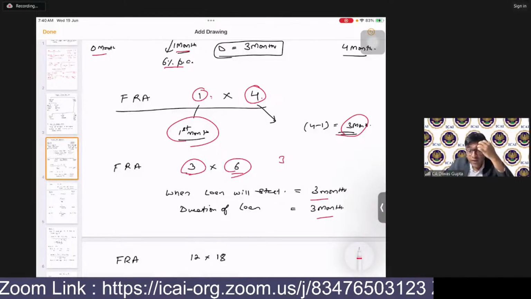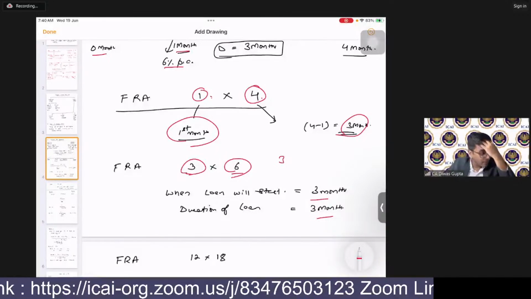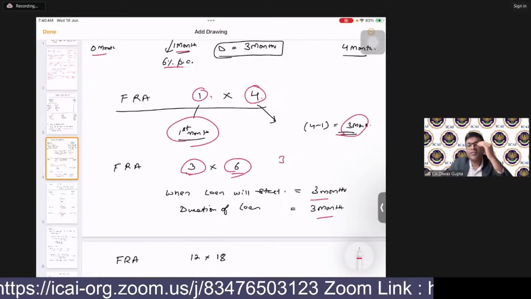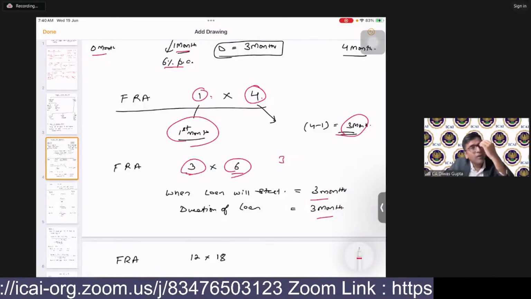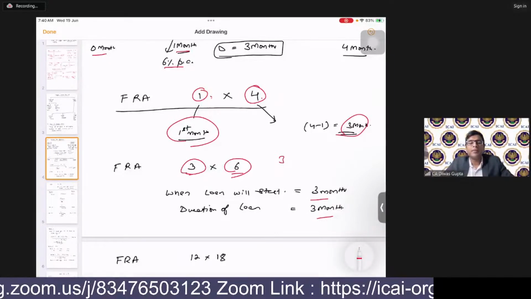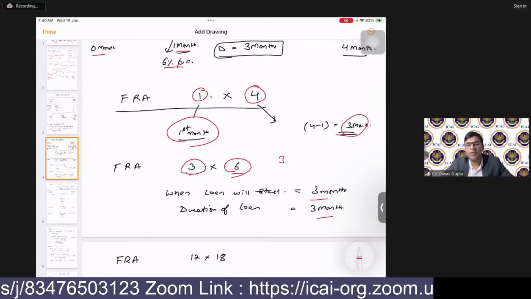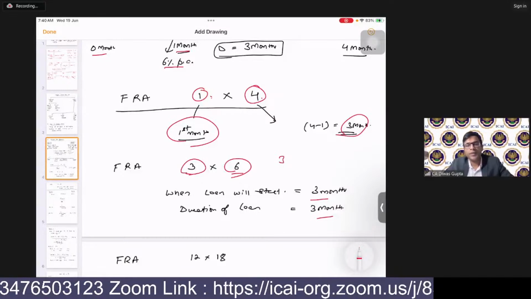If I say FRA of 12/18, essentially this forward agreement is quoted through this symbol. The reason being that this is a standard notation that is followed.